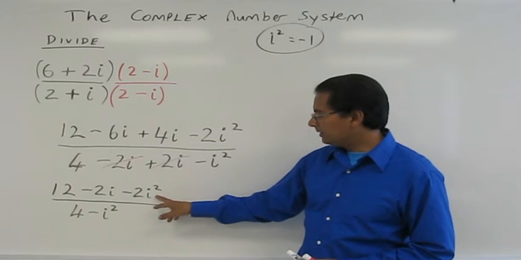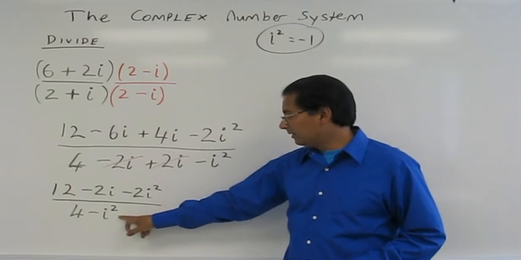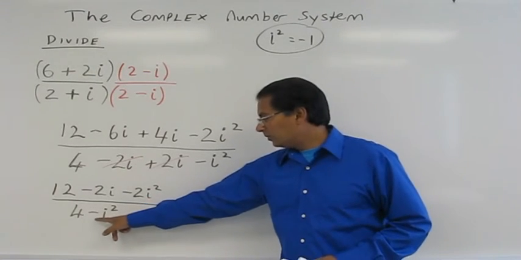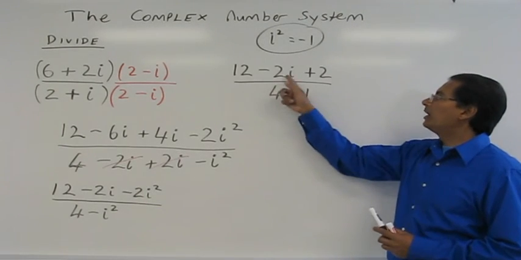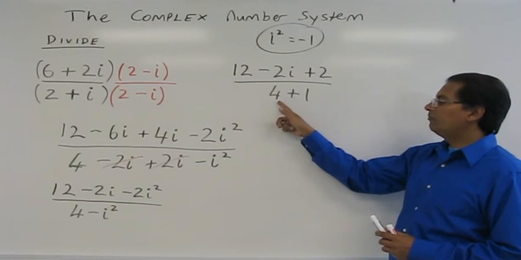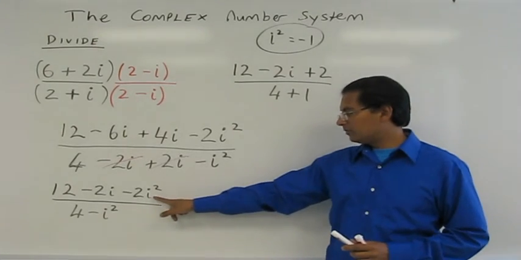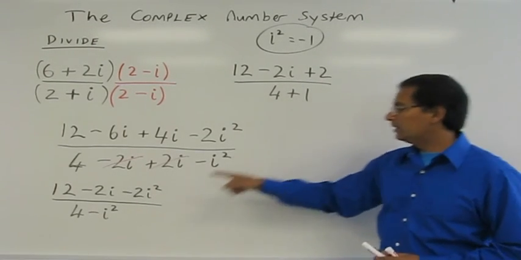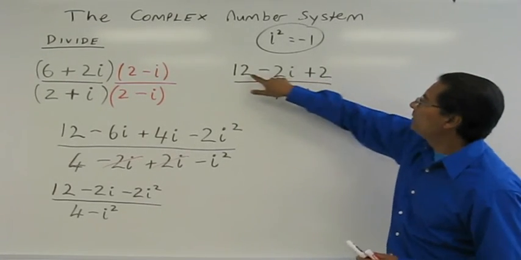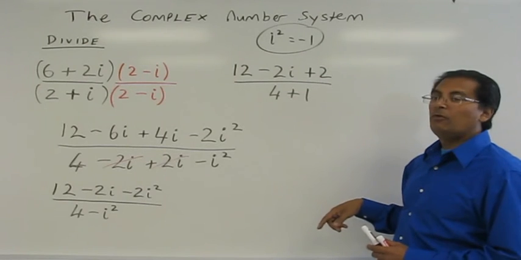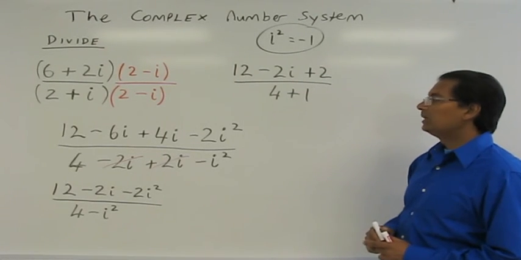So if I put a negative 1 here and here, in other words, I change the signs to plus and plus, what we end up with is 12 minus 2i plus 2, and then 4 plus 1. So this negative 2i squared becomes plus 2, and this negative i squared becomes plus 1. Then we can combine 12 plus 2 to give me 14, and 4 plus 1 to give me 5.